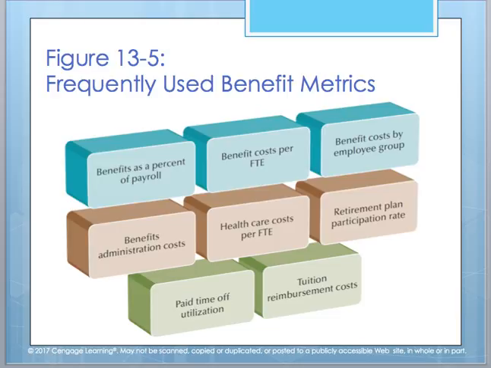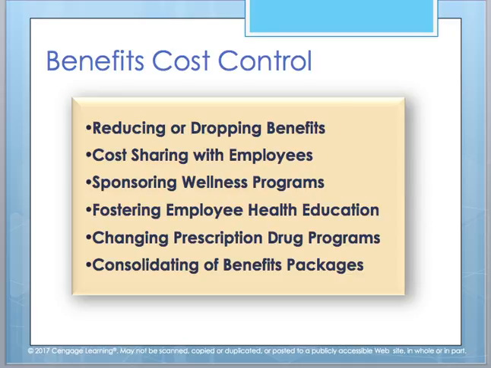Some of the metrics that are oftentimes used would be tuition reimbursement costs, PTO utilization, benefits as a percent of payroll, retirement plan participation rate. When we look at benefits cost control, it helps to reduce or drop benefits. It's a cost sharing feature with employees.